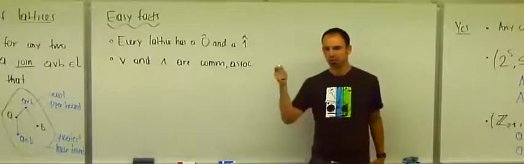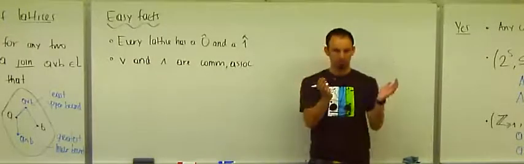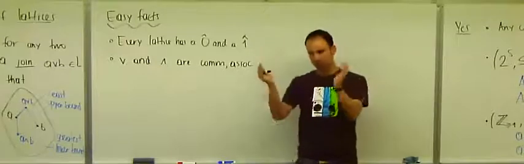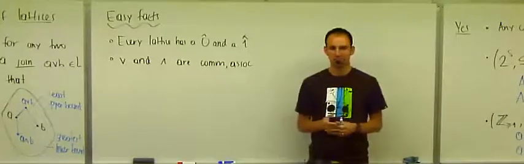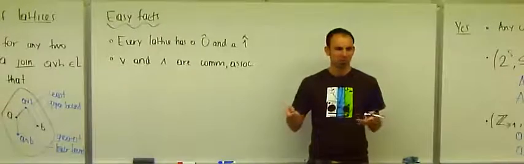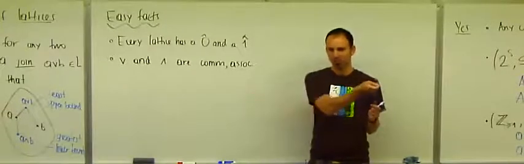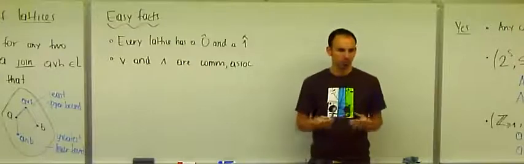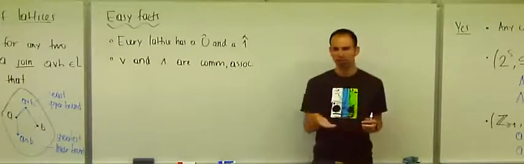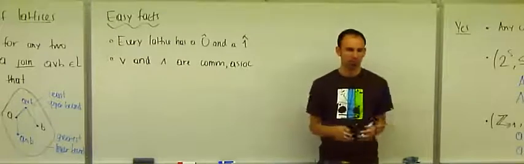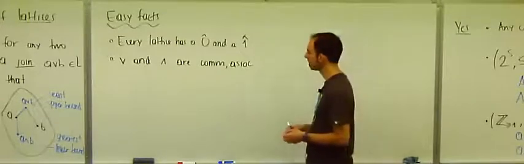If you take A join B join C, you get the same thing as if you take A join B join C. And by the way, what is that? Well, presumably it should be the least upper bound of A, B, and C, right? And it is. Okay? And so in general, you can take the join of any finite list or the meet of any finite list, and that's well defined as well.